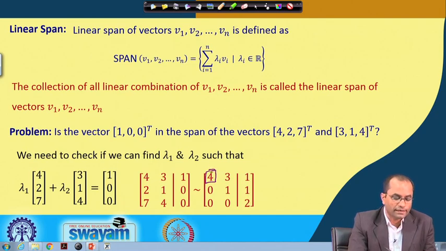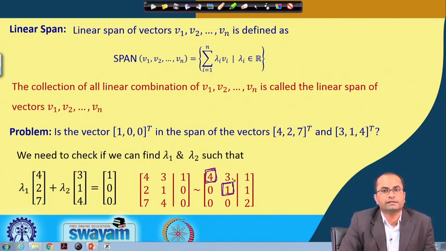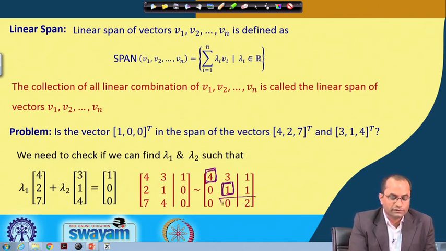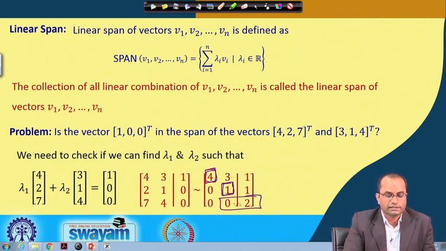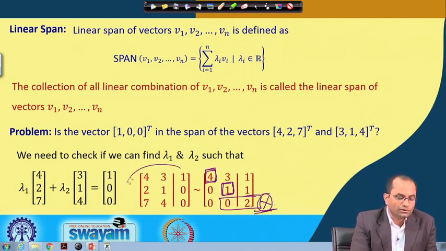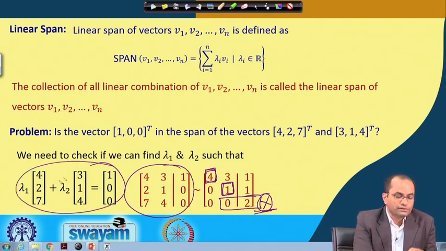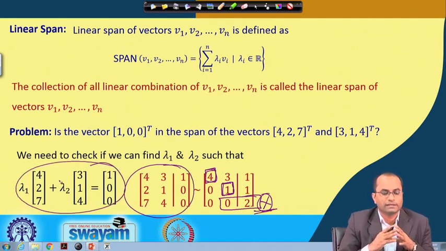From here we can conclude that the first column has a pivot element, the second column also has a pivot element, but the problem here is with the consistency of the equations. The last equation says that 0 is equal to 2, which is not possible. That means we cannot solve this system for lambda 1 and lambda 2.